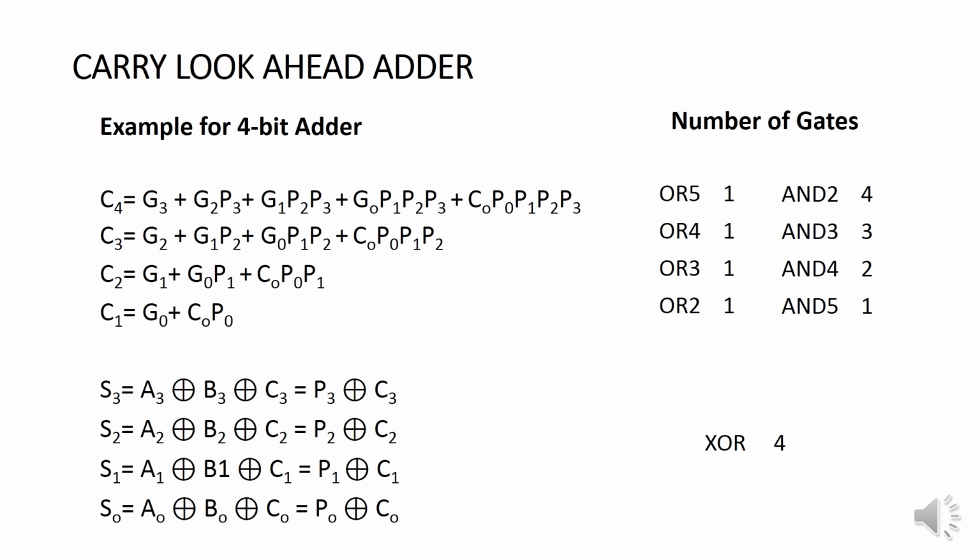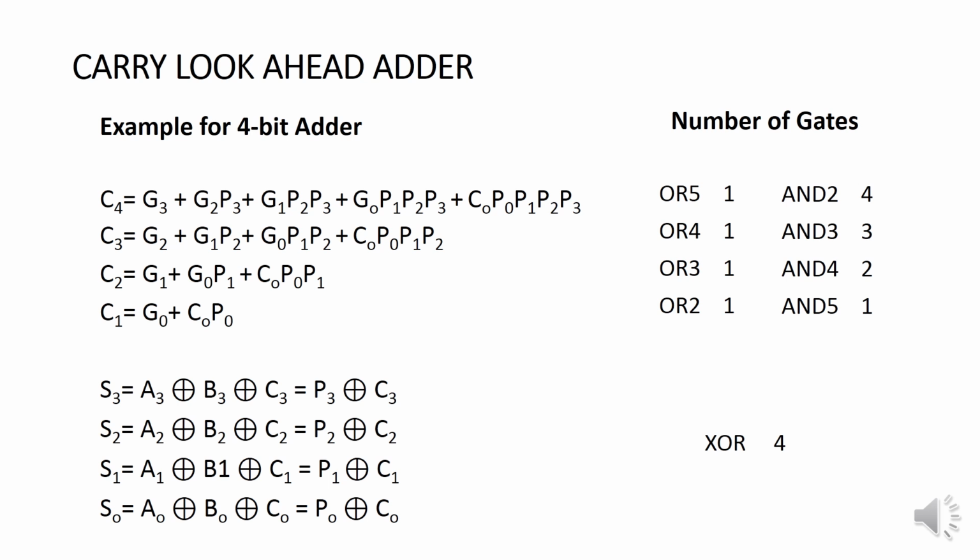To see how, let's take the example of a 4-bit adder. That means a sum of two numbers A and B, each made with 4 digits. The first thing is to write the equations for the 4 bits case and try to find out how many gates are needed. So for example, for a 4-bit adder, these will be the equations of C1, C2, C3, C4, and these the equations of S0, S1, S2, S3.